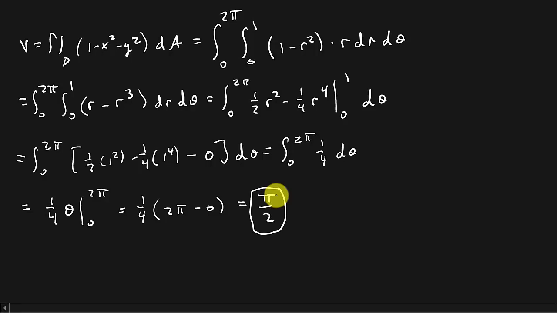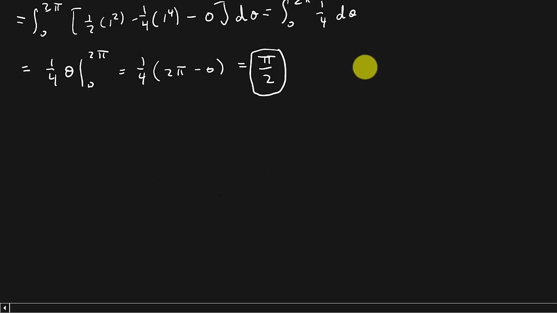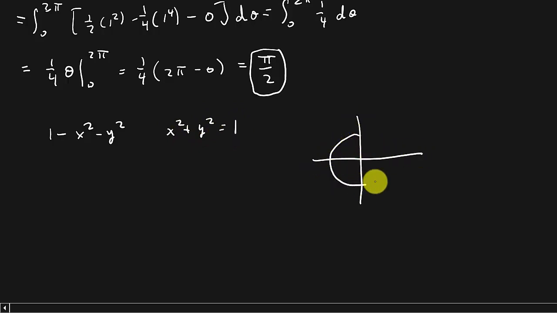All right. So what if we set this up in rectangular coordinates? Remember, we got 1 minus x squared minus y squared, and we've got x squared plus y squared equals 1. Okay. And here's our circle. Okay.